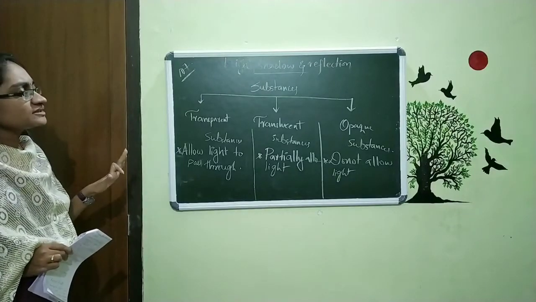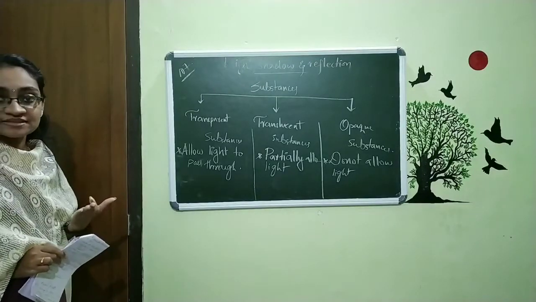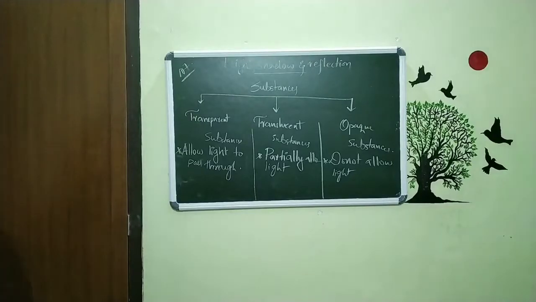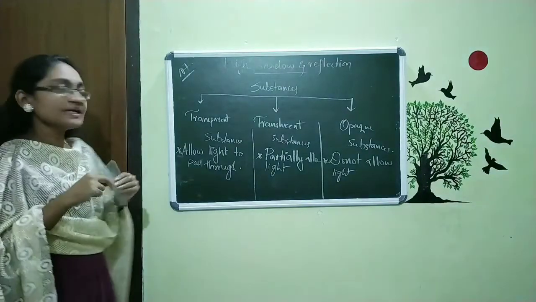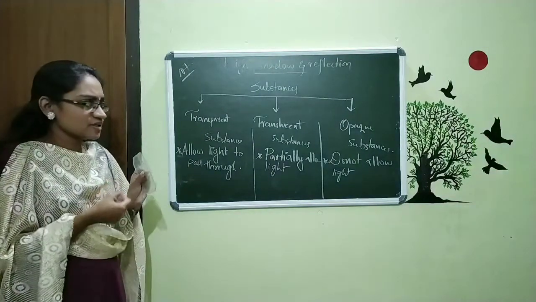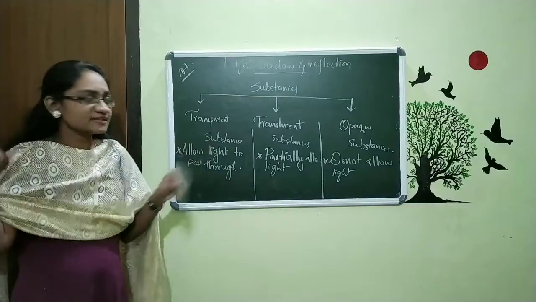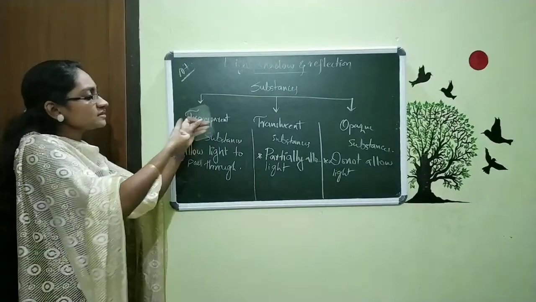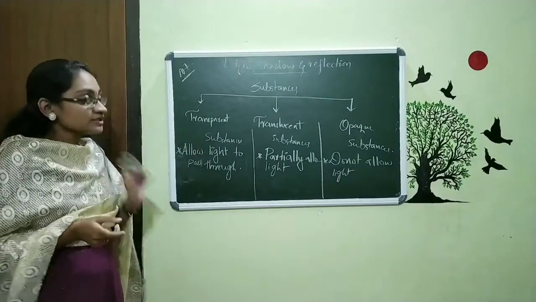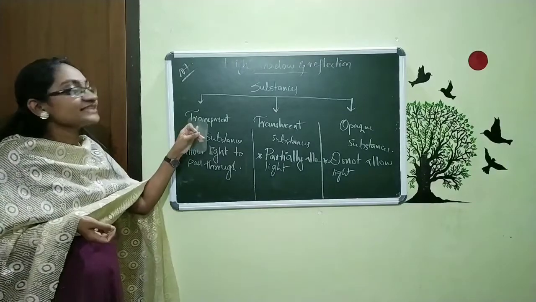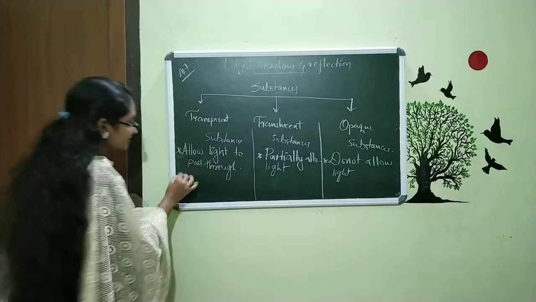Is it possible to see through all these substances? For example, this is one transparent material. This is one glass piece. And when I hold this, is it possible to see? Yeah, of course we can see. So we can say through the transparent material we can see.